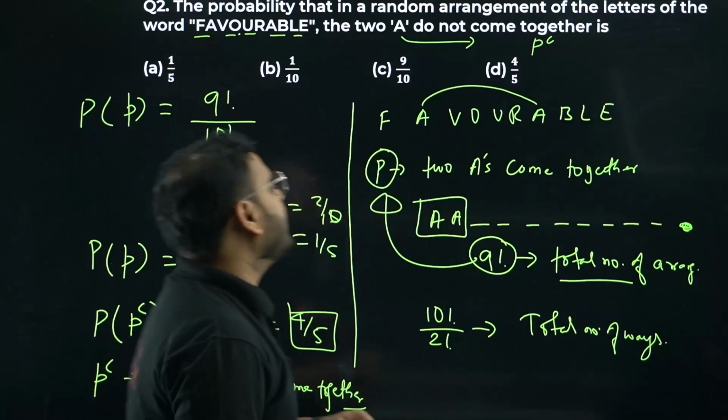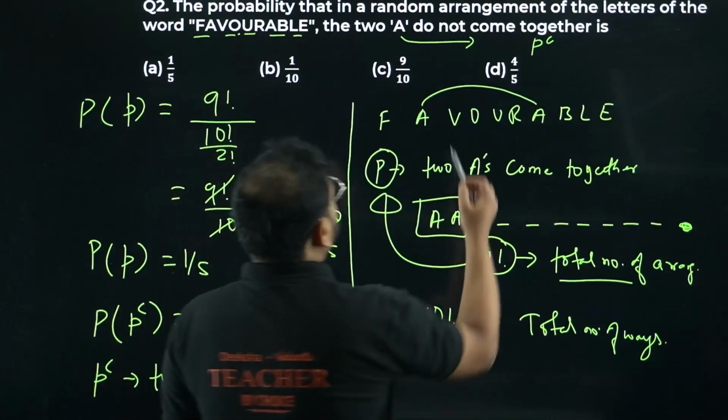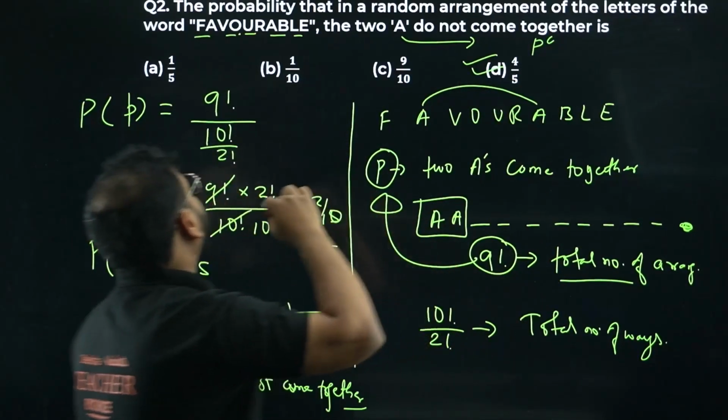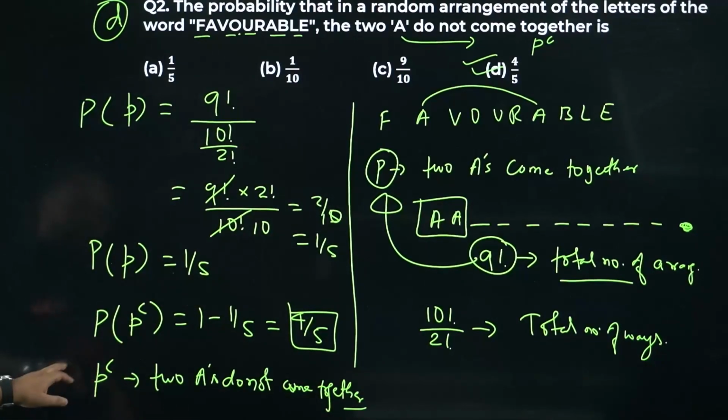In this case, 2 A's do not come together. So the answer is 4 by 5. Option D is correct. Excellent question. This is done. Moving on now.